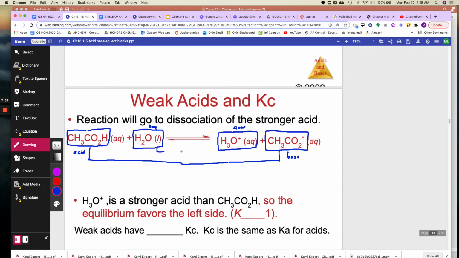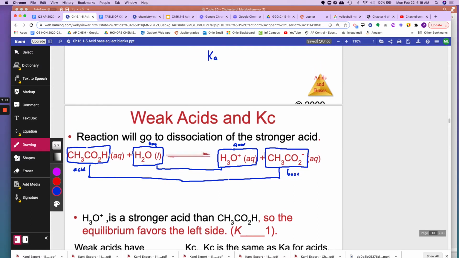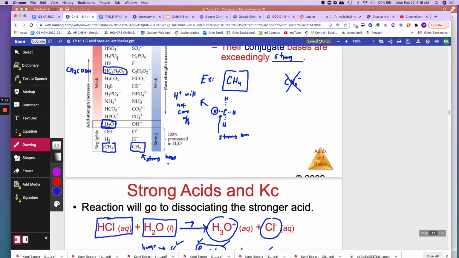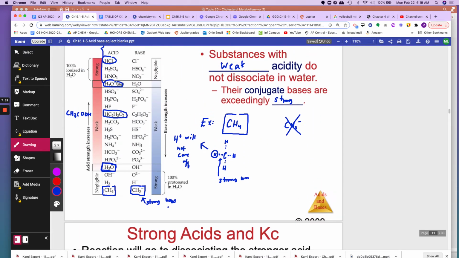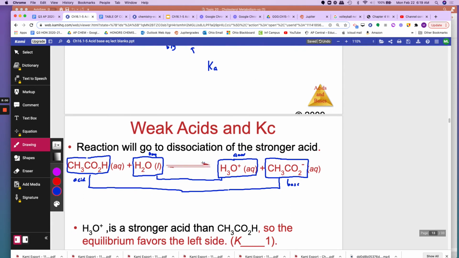And these are conjugate pairs. So you have to look at this acid versus this acid because there are two of them, right? So which is stronger, CH3COOH or H3O plus? You look at the chart and you can see that H3O plus is stronger, which means this will go to the left.